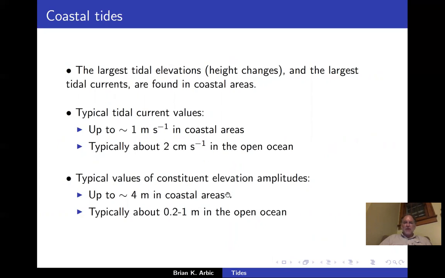And the typical constituent elevation amplitudes are a maximum of a meter in the open ocean, often much less. They can be up to 4 meters in coastal areas. Remember that for one constituent like M2, it goes up 4 meters and down 4 meters, so the peak to peak is 8 meters. And when you add all the other constituents in, you can maybe double that again.